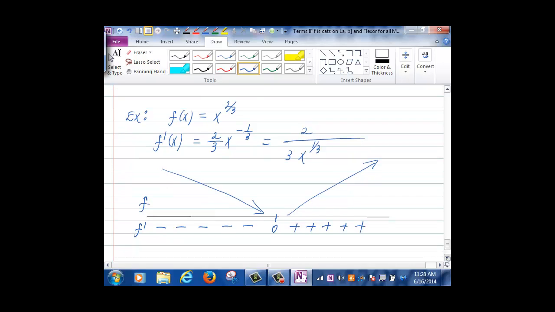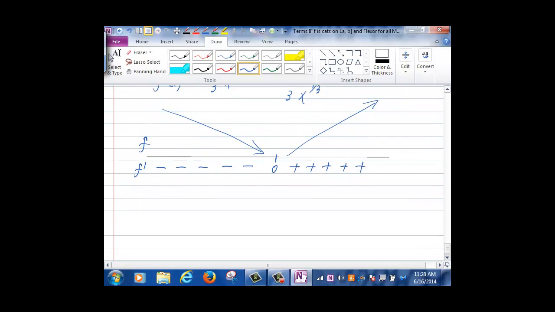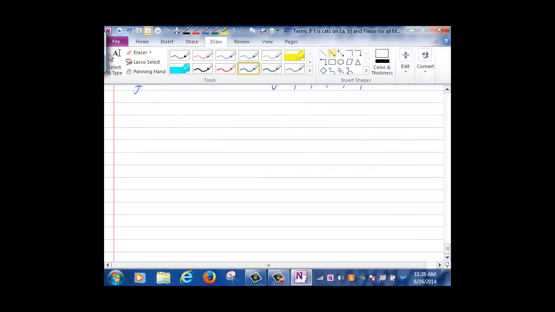All right, and I think I gave you the graph of this function before as well. Let's recall what the graph was. My x-axis, my y-axis, and the graph looks like the following.